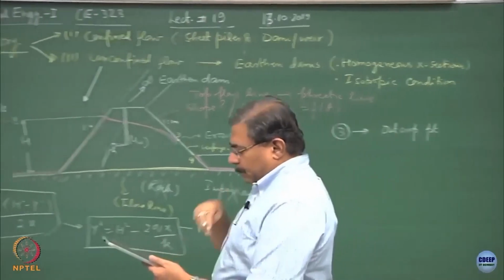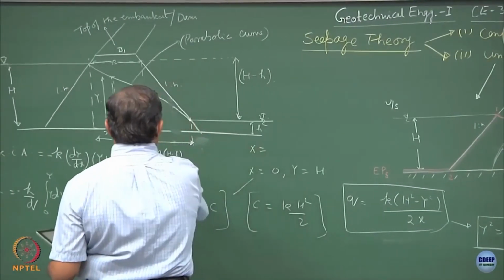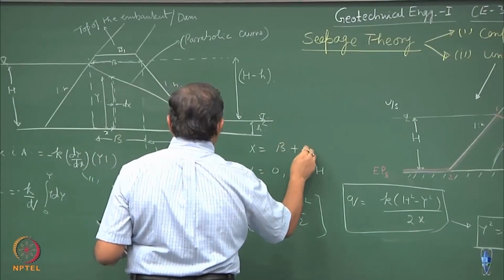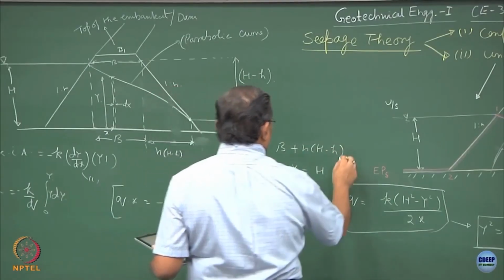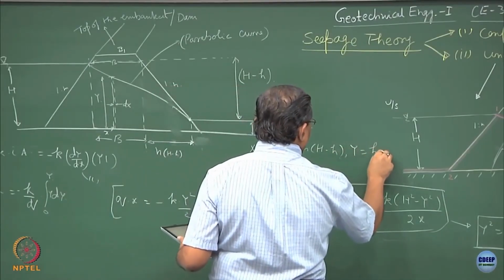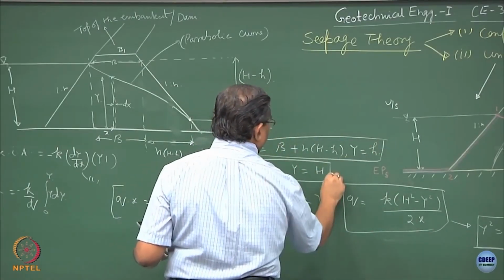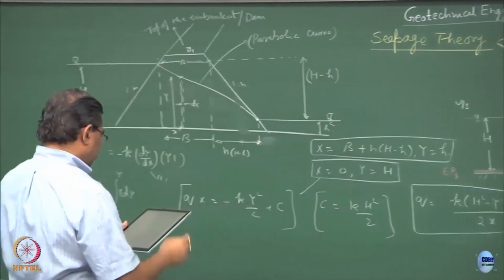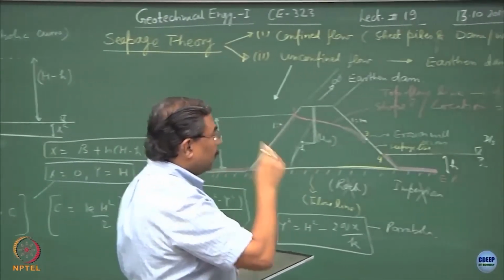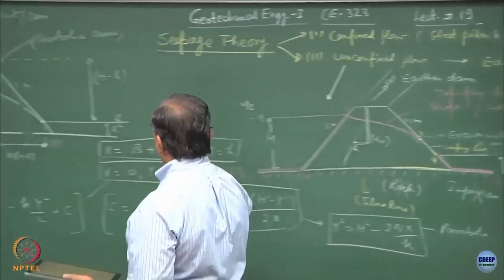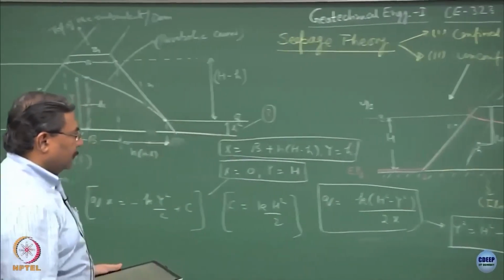The another equation will come when you substitute x equal to, let us say, B plus n times H minus h, and at this point y is equal to h. I hope you can understand the basic objective is to obtain the value of h. h is the principal unknown.